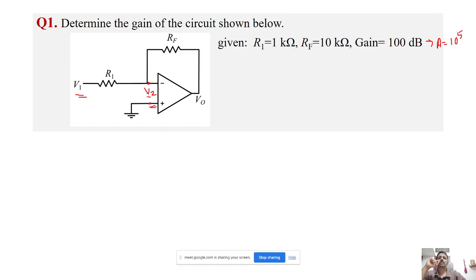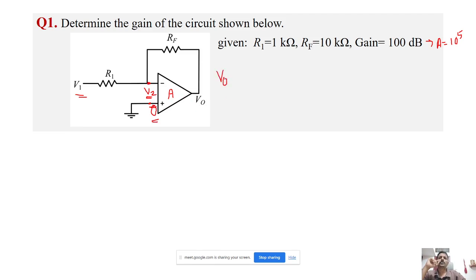But we say there is a voltage difference, say V2, with respect to this ground. Since the gain of this op amp is A, the inverting terminal has voltage V2 and the non-inverting terminal has voltage 0, the ground. So what will the output V0 be in terms of V2?